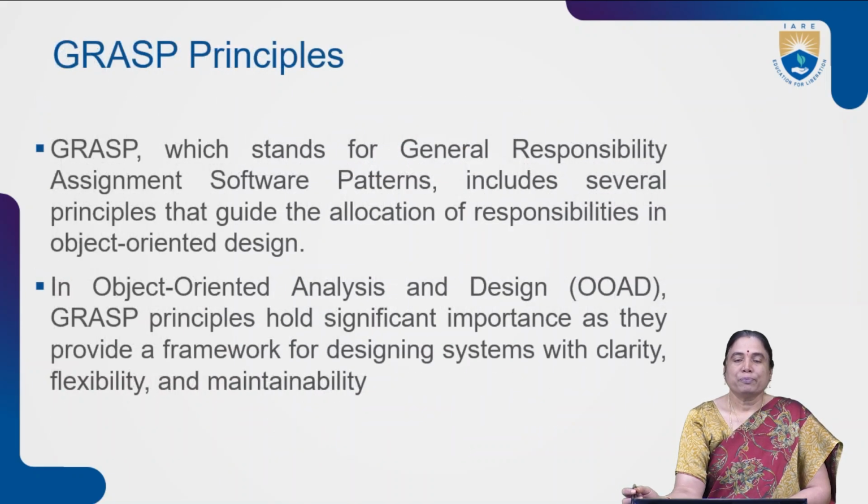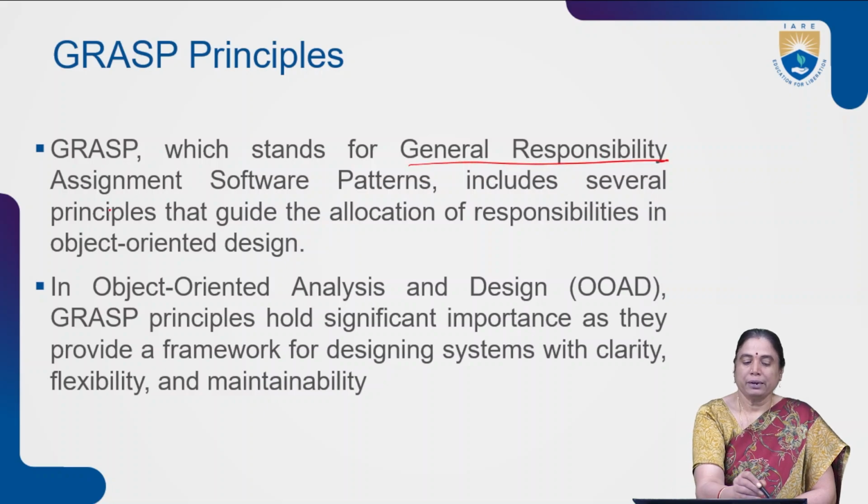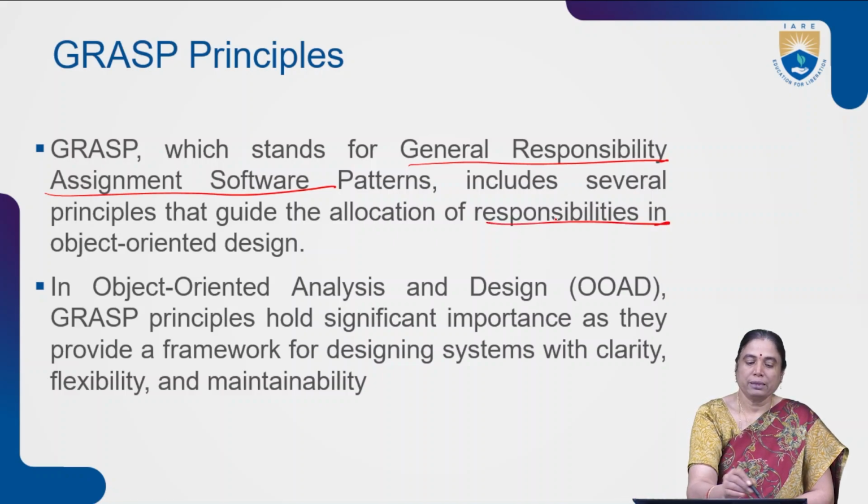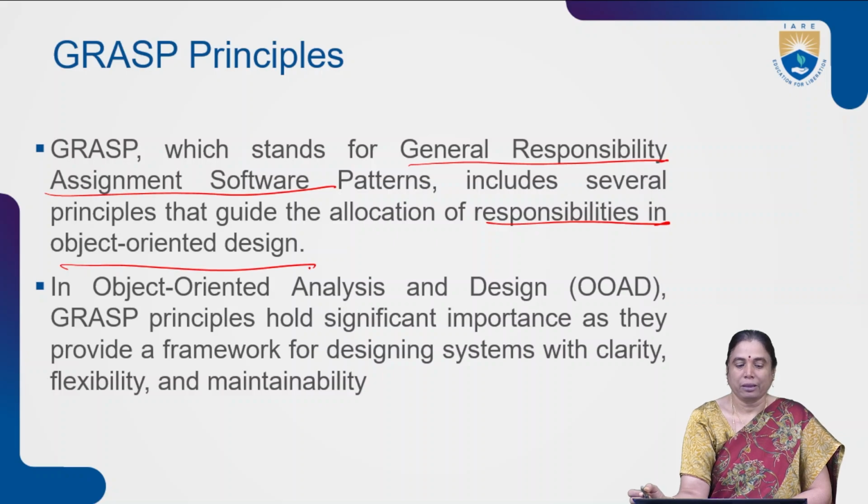So, the GRASP principles are another approach of object-oriented software design, which stands for General Responsibility Assignment Software Patterns, and includes several principles that guide the allocation of responsibilities in object-oriented design.